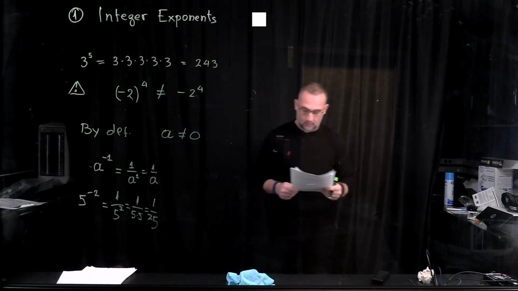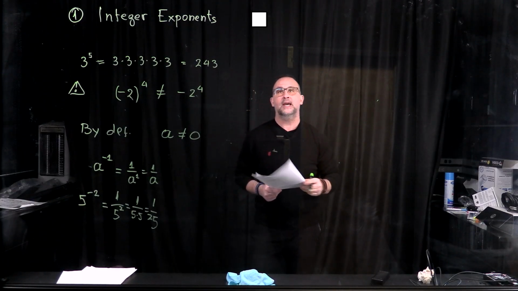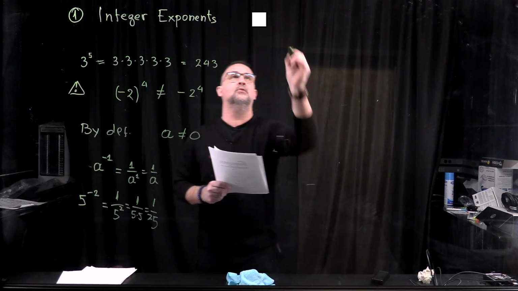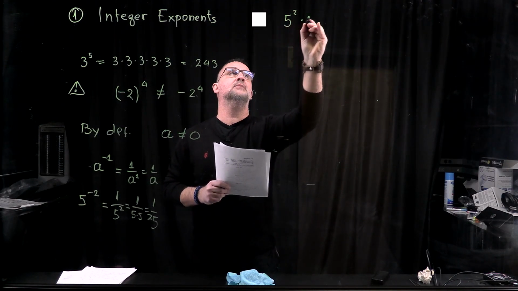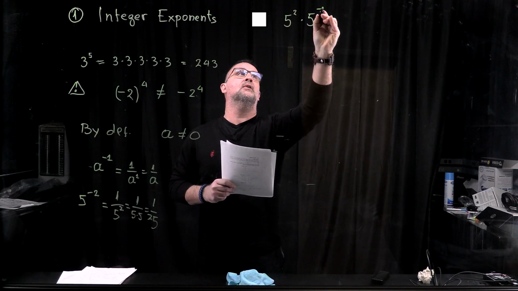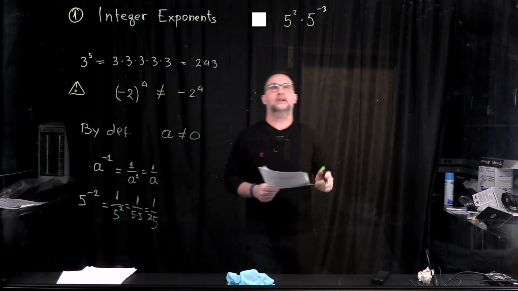One other important property is when we have, say, 5 raised to the power of 2 times 5 raised to the power of -3. What happens in this particular case?